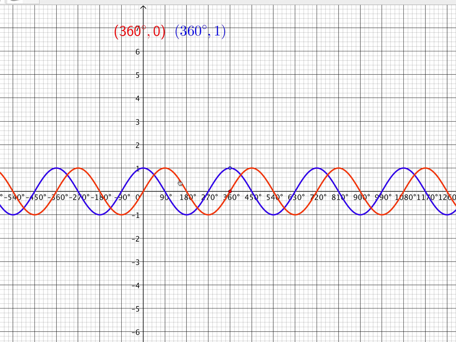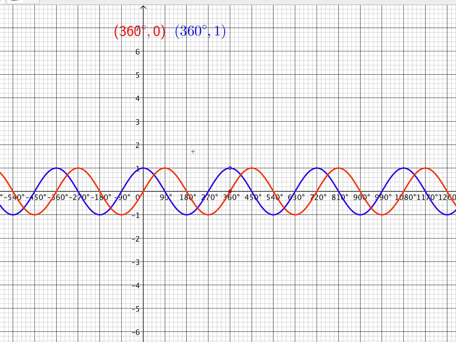Actually, all that's happened is, the one in red, the sine wave for y equals sine x, if you shifted it 90 degrees to the left, it would make the blue sine wave. That is cos x, y equals cos x. So the sine and the cosine are actually the same curve. They're said to be 90 degrees out of phase. Basically, the cosine wave, if you like, started 90 degrees earlier than the sine wave.